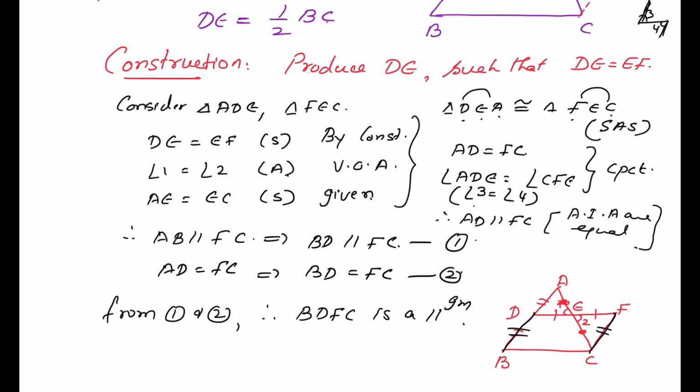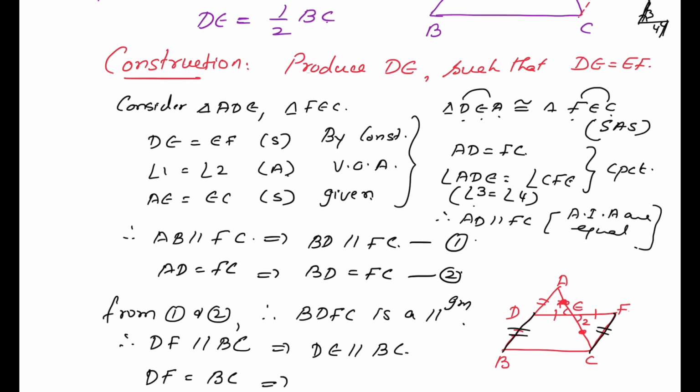So, therefore, you can write DF is parallel to BC. Opposite sides of a parallelogram are parallel and equal. DF is parallel to BC, therefore DE is parallel to BC, and DF equal to BC.